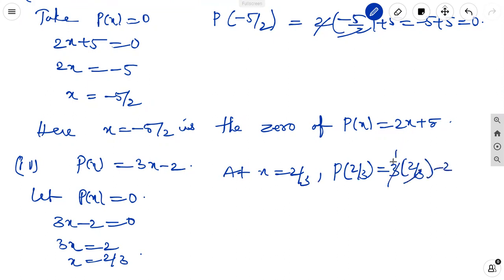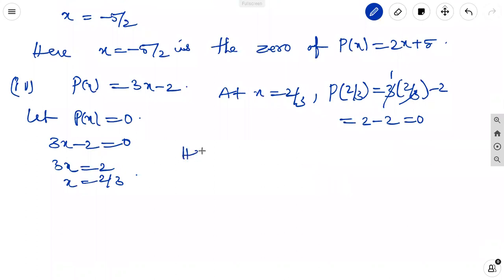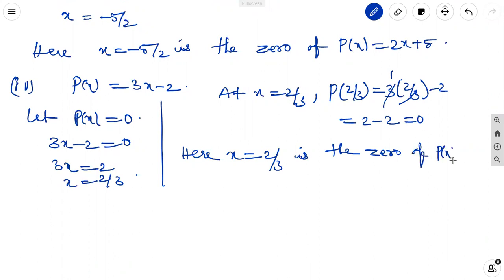The 3s cancel, it is equal to 2 minus 2 equal to 0. Here x equal to 2 by 3 is the 0 of p of x equal to 3x minus 2.